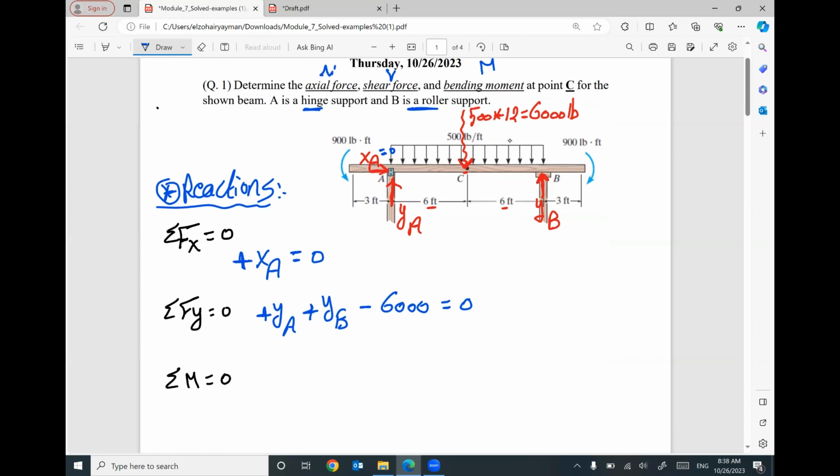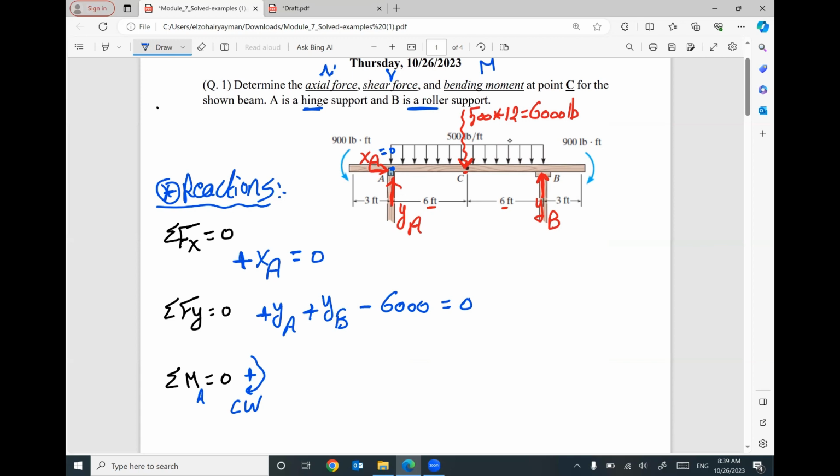The third equilibrium equation, summation moment at any point. I do recommend taking moment at A, the point with the highest number of reactions. I can assume clockwise rotation is my positive rotation.